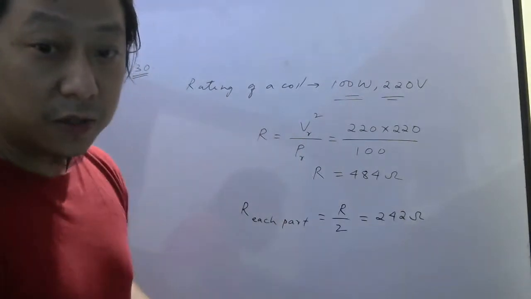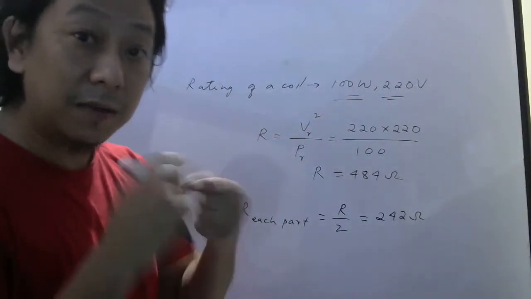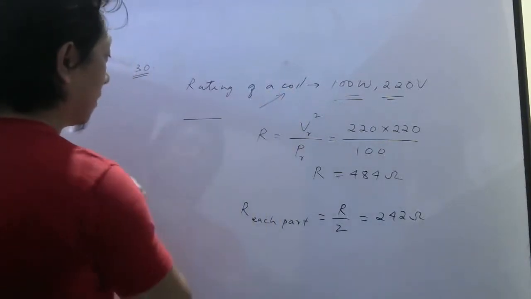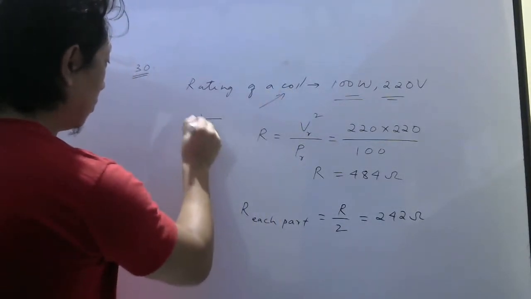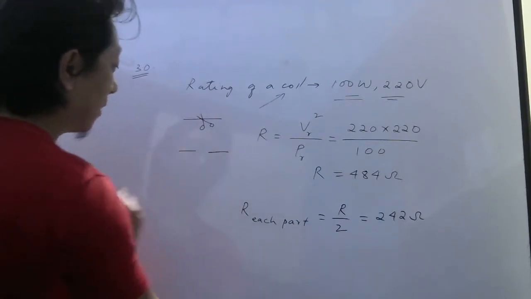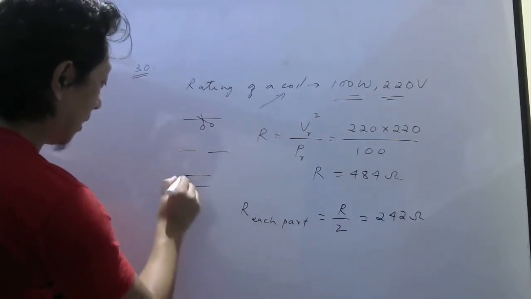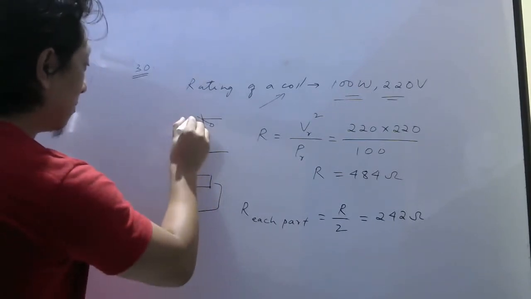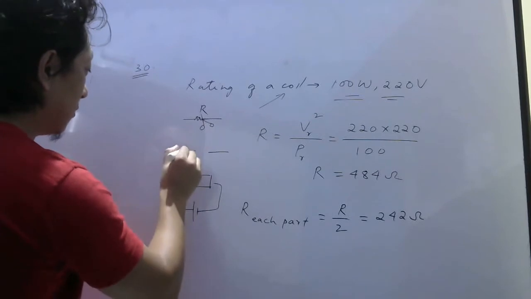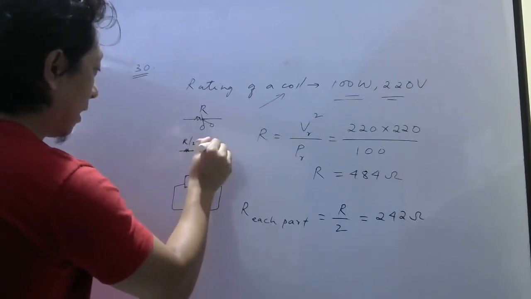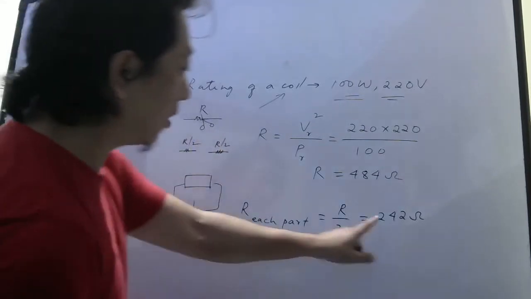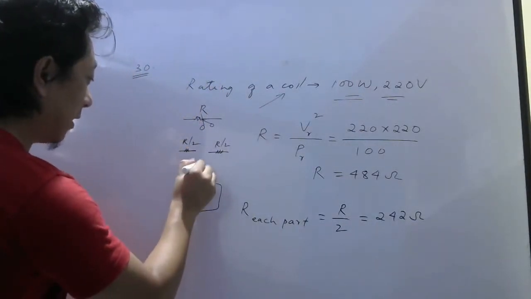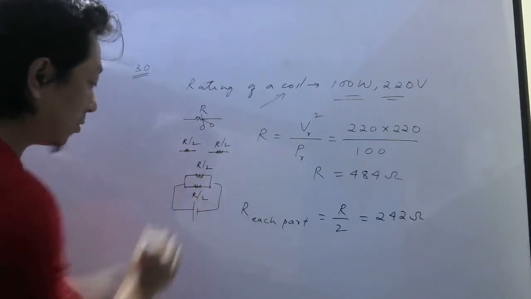Now these two parts are connected in parallel. Imagine this original coil with resistance R. They cut it into two equal parts, R by 2 and R by 2, which we have calculated as 242, then join these two in parallel and connect to the same source.